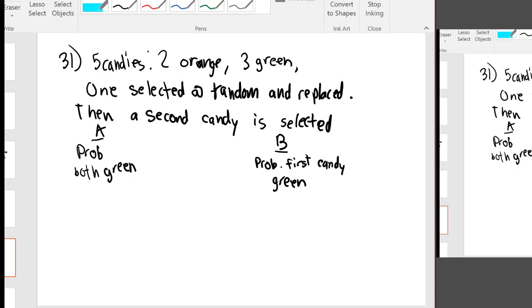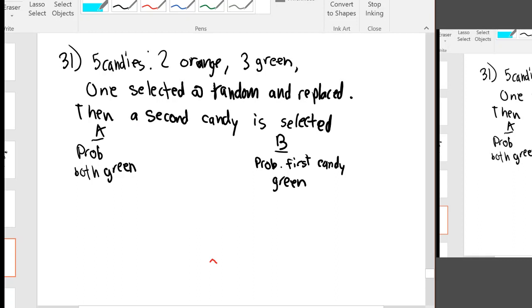You can actually just look at it and tell that the answer will be B. You're able to tell that because you can just think about it in terms of common sense, right? If I take a candy out, the chances of it being green and then green again are going to be lower than of just selecting green once. But we can go through the problem and see.